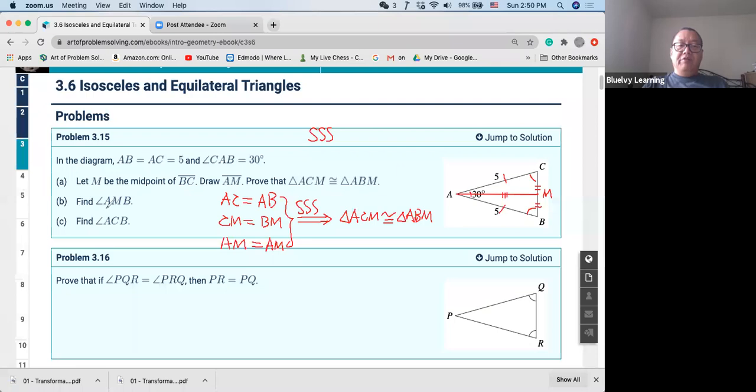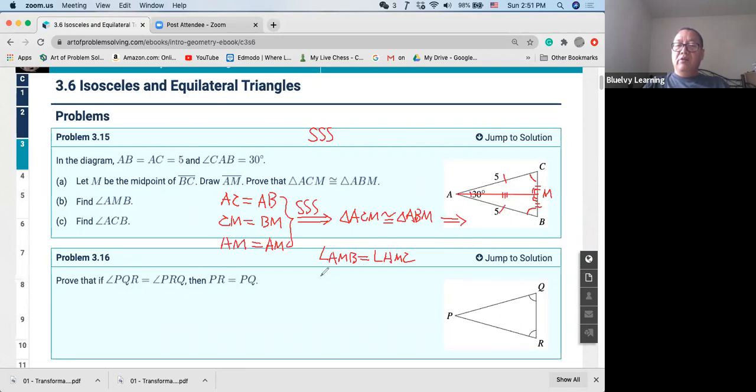Now, find angle AMB. Since these two triangles are congruent, we can get angle AMB equals angle AMC, because these two angles are corresponding angles. So these two angles are the same.